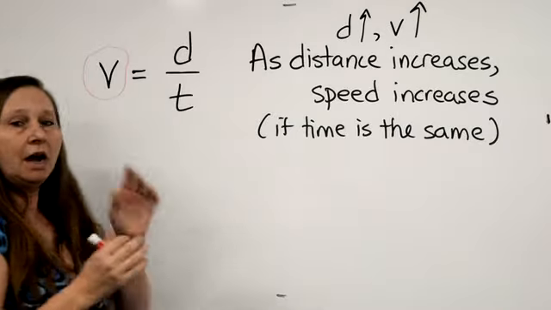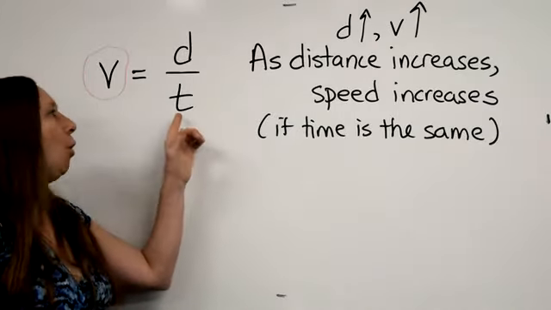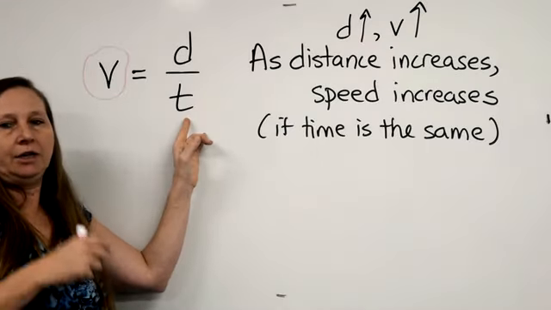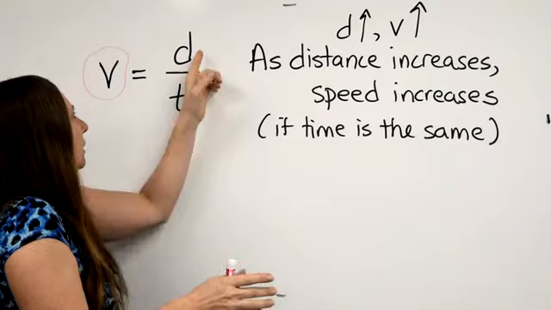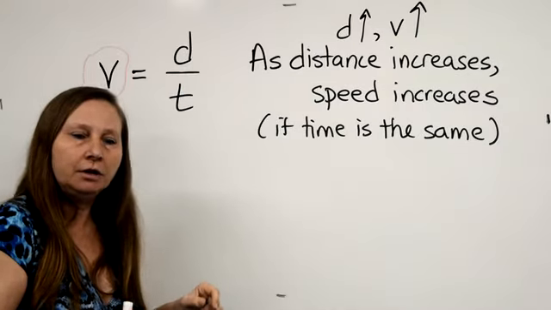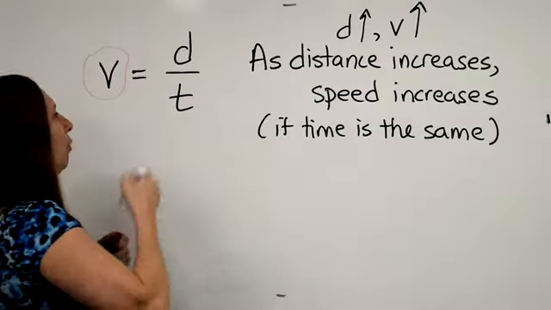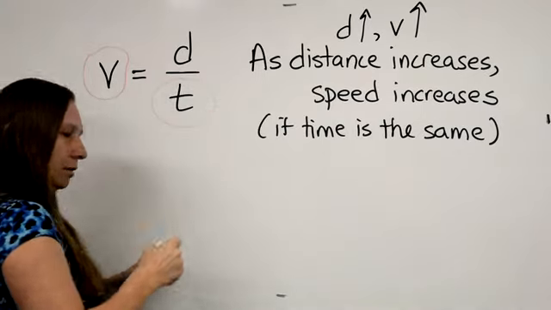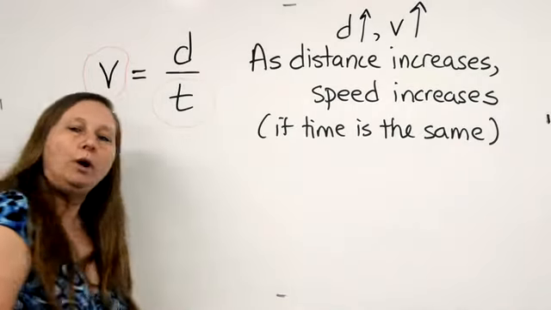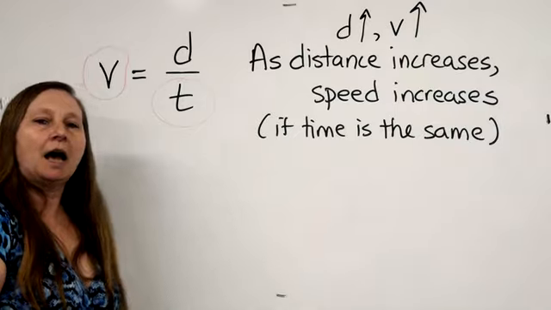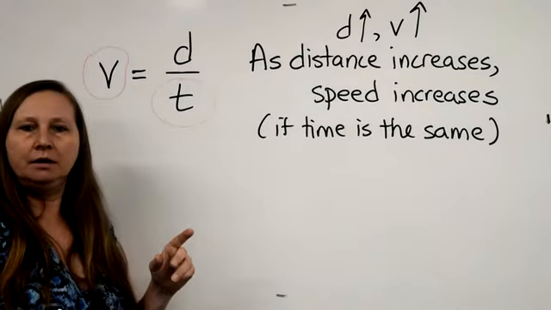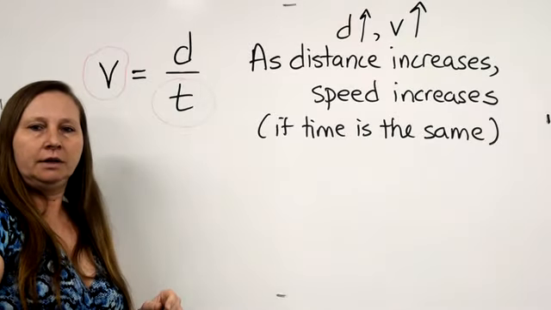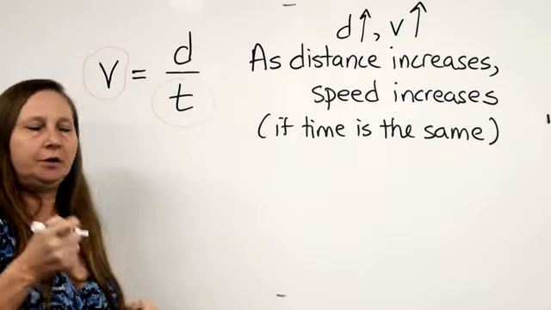We have an object that takes a longer time to cover the same distance. Much more time to cover the same distance. What are you going to say about the speed of that object that took so long? The speed was lower. It had a slower speed.